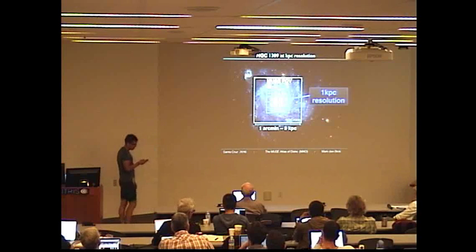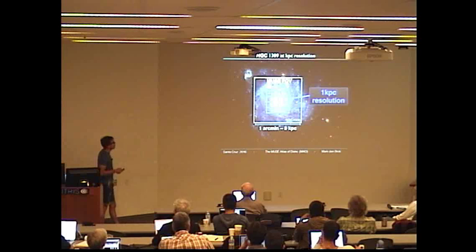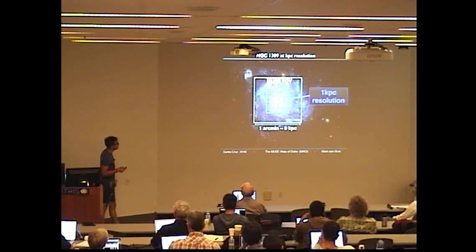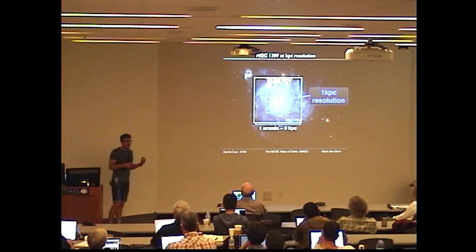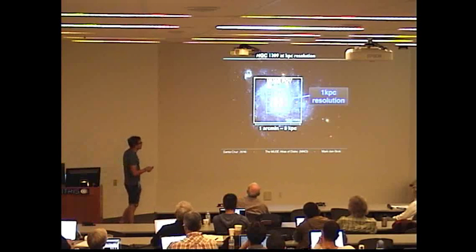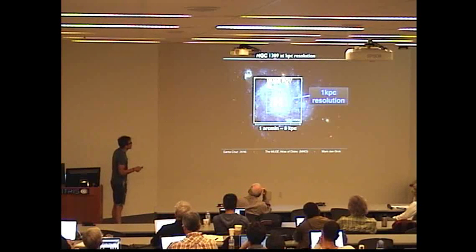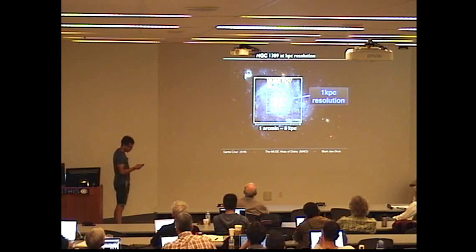This is one of the galaxies in our sample, NGC 1309, a galaxy at 30 megaparsec. This is the MUSE field of view, and just for comparison with other surveys that have lower spatial resolution, if you imagine that one of those boxes has a resolution of 1 kiloparsec, this distance here is 8 kiloparsec.